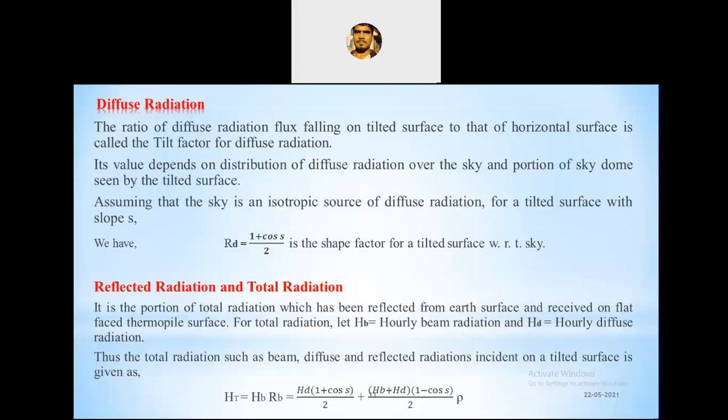If it is covered by snow or fog, then the rho value is 0.7 because the density is more. If there is no snow, then rho is 0.2. For India, we generally take 0.2 as the rho value. In most northern countries, in Canada, in Switzerland, the rho value is 0.7 because most of the time it is covered by snow or fog.